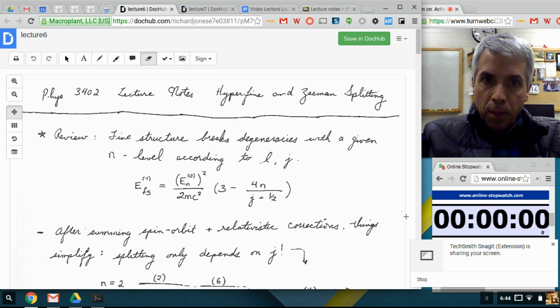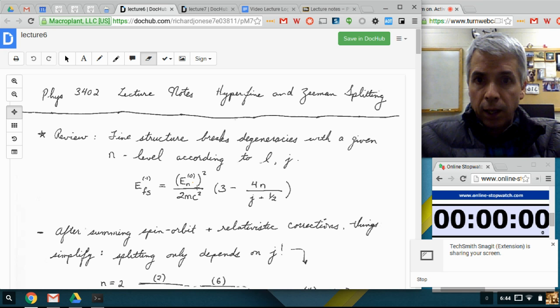And when those two came in, they came both in at the same order in alpha, which you can see in this expression here actually is alpha squared, because this leading order unperturbed energy E sub n with a superscript 0 contains an alpha squared inside it.